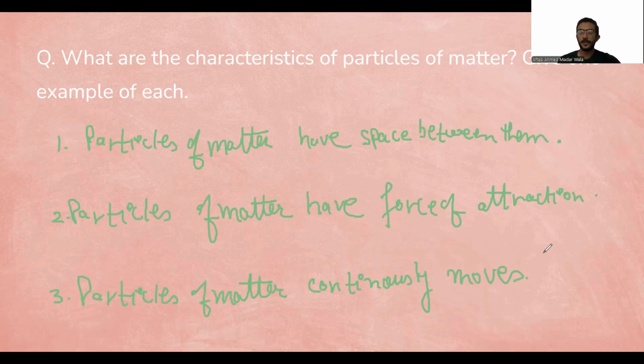Then we have seen that particles of matter continuously move. Again, we have taken the same thing, that gases have the greatest amount of motion, then liquid, and then solids, right? So I hope this point is also clear to you.